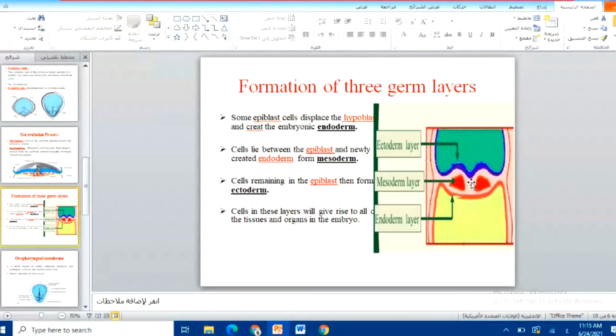Later on, the cells that remain in the epiblast layer will form the ectoderm layer. So all three germ layers are formed from epiblast cells, not hypoblast. The hypoblast is just displaced.